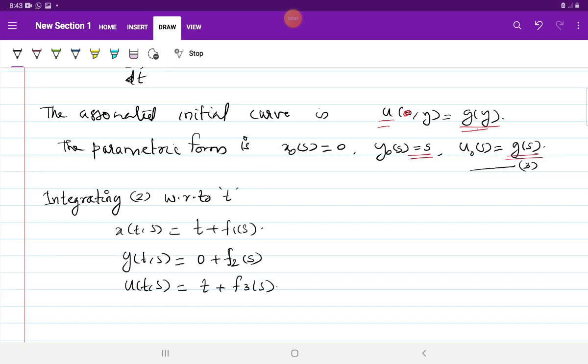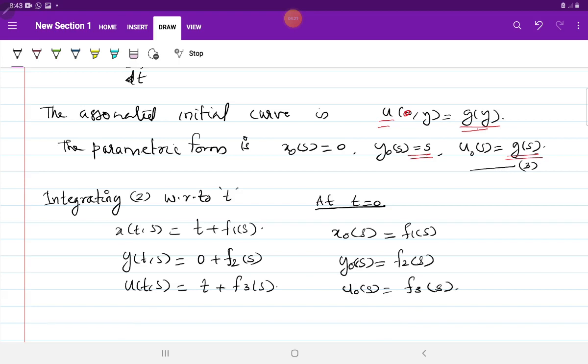Now at t equal to 0, from these equations we have x(0, s), denoted x_0(s), will be f1(s), y_0(s) will be f2(s), and u_0(s) is f3(s).